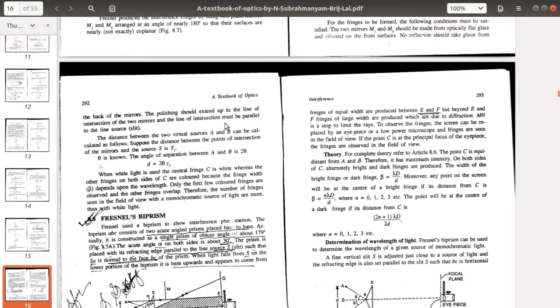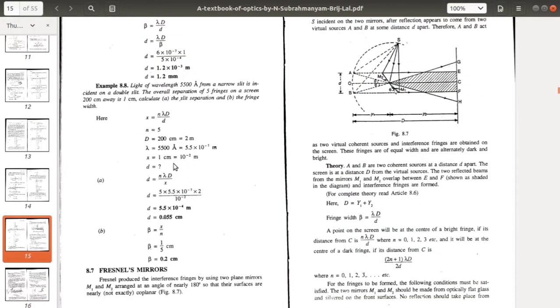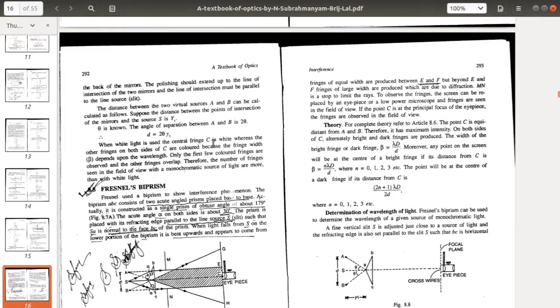From the relation between the angle and the arc length, we get small d is equal to 2 theta into y1, where y1 is the distance between this point and the point of contact, which is equal to the radius. So we get small d is equal to 2 theta into y1.